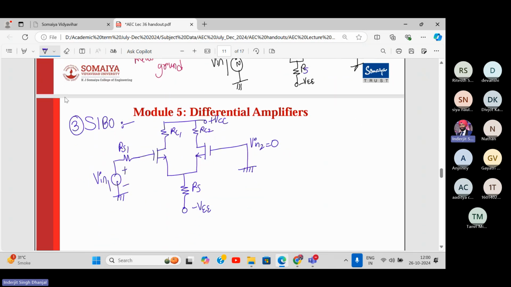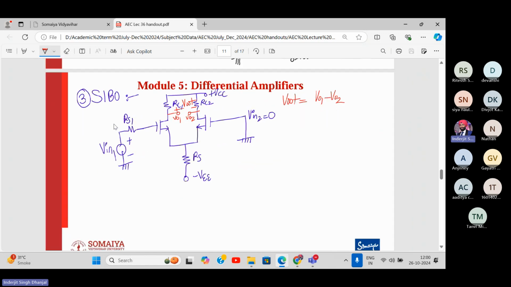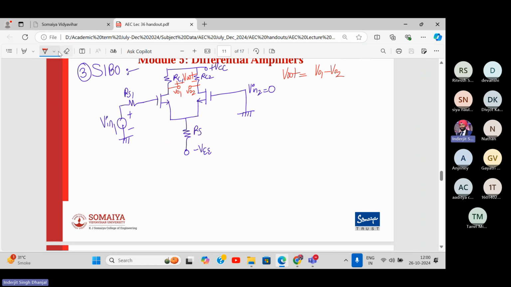Okay. So what do you mean by balanced output? It's measured with respect to each other. This is VO1, this is VO2, and this is plus minus Vout. So what is my output voltage? It's a differential balanced output, but it is a single input. Okay. So this is the third category. Have you all completed this? This is the last circuit. Then we'll take a break.